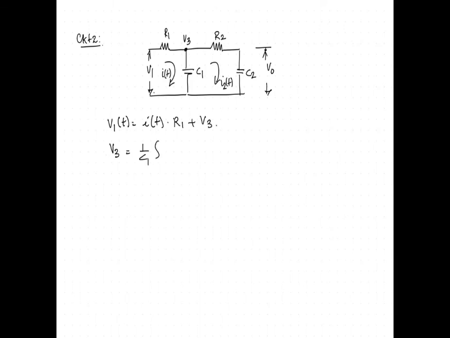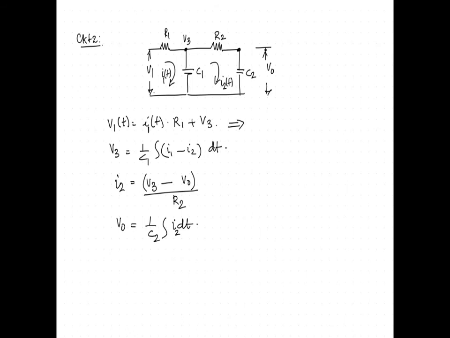V3 is equal to 1/C1 integral of (I1 minus I2) dt. I2 is equal to (V3 minus V0), the difference in the potential, divided by R2, and V0 is 1/C2 integral of I2 dt.